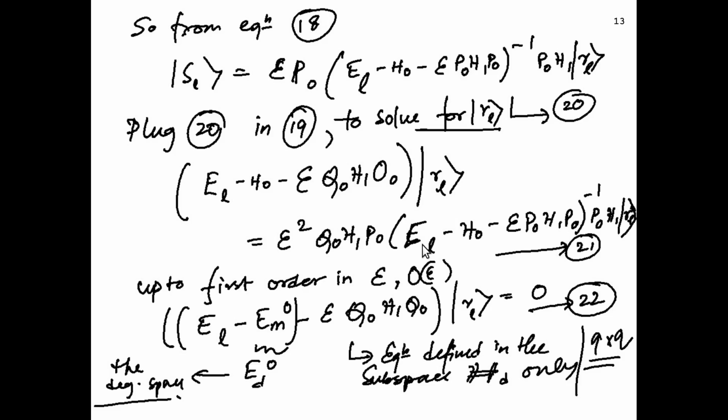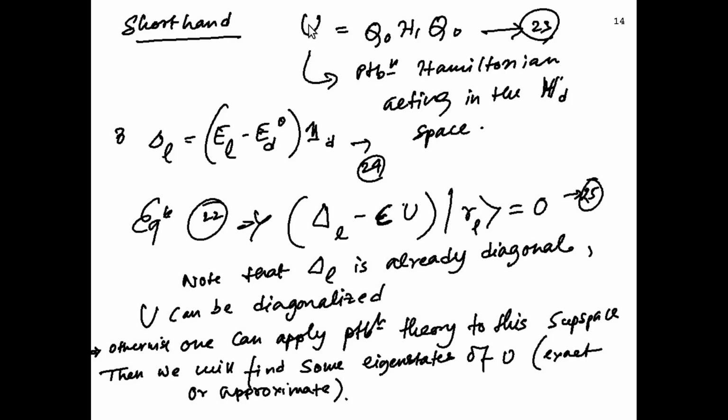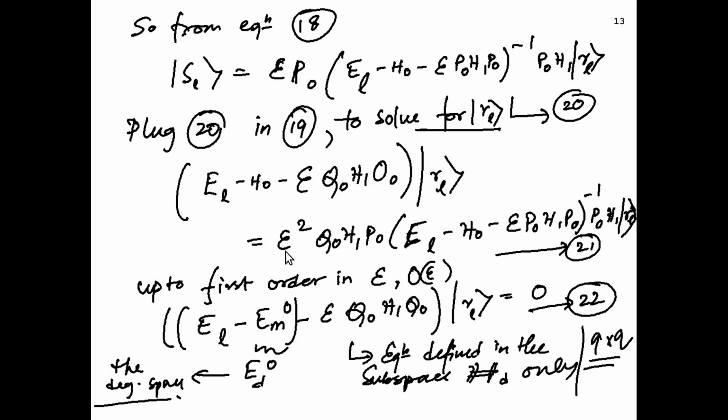Okay, so equation 22 is the first order in epsilon equation. Let us say we want to solve it and see what the first order correction is. Before we do that, we introduce a shorthand notation. I define U, which is nothing but this object Q naught H1 Q naught.